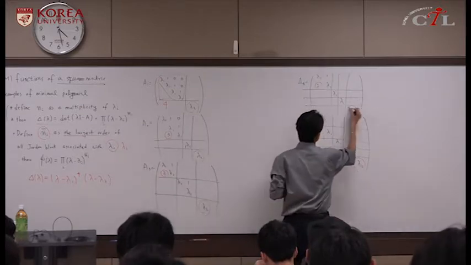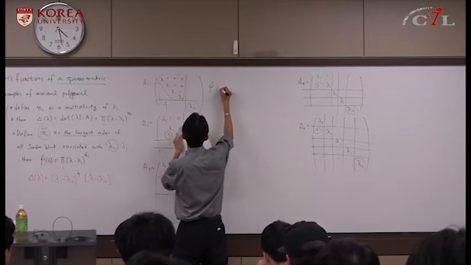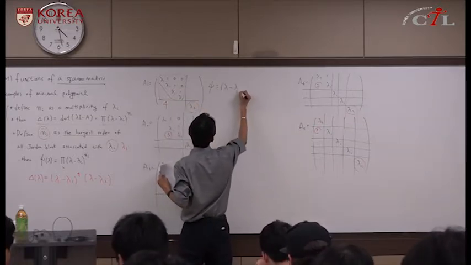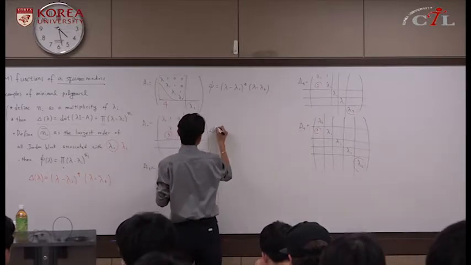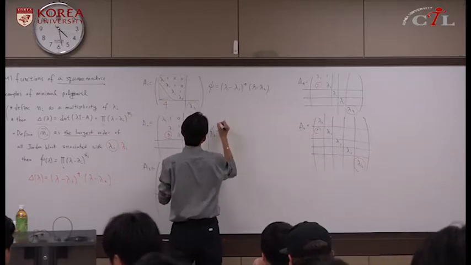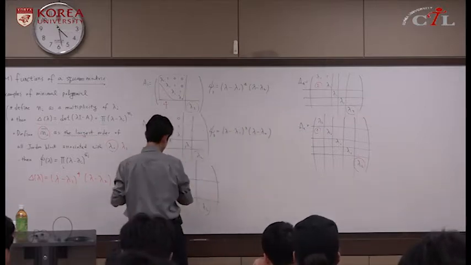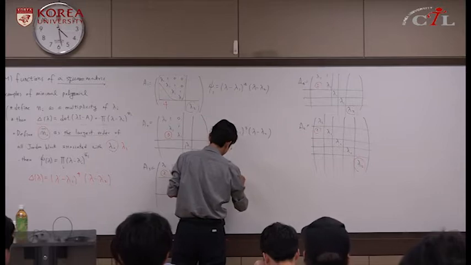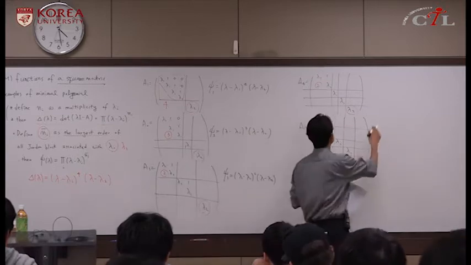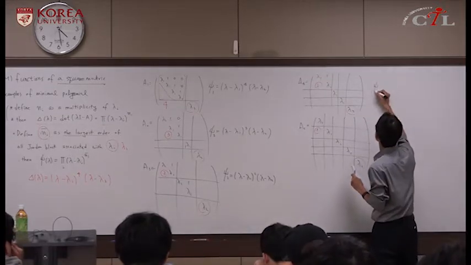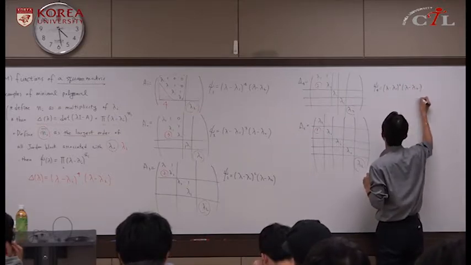Then its minimal polynomial is, for the first case, (lambda minus lambda 1) to the 4th times (lambda minus lambda 2). Here, the power is 3, then lambda 2 with 1. Here 2. Here 2. Here 1.